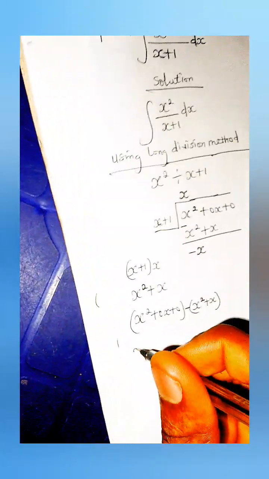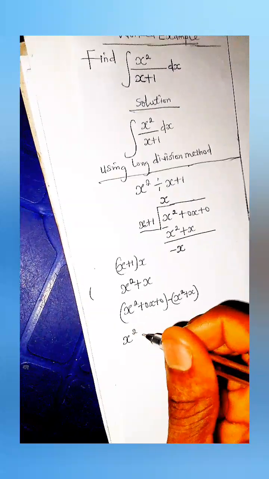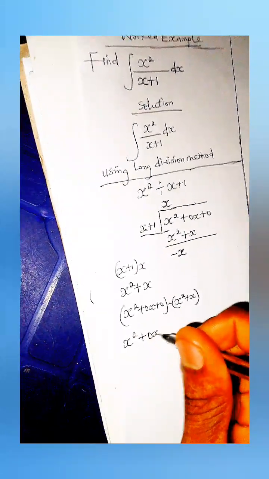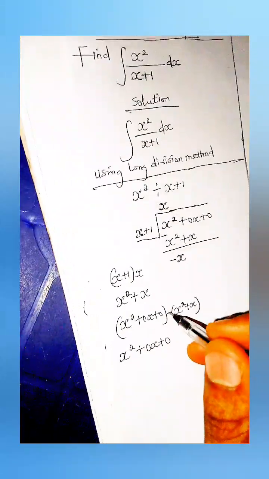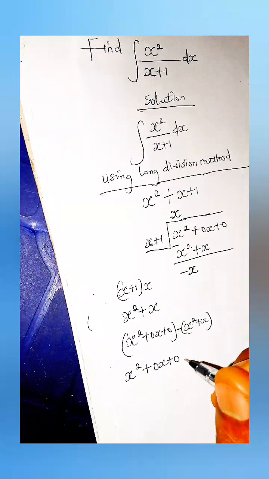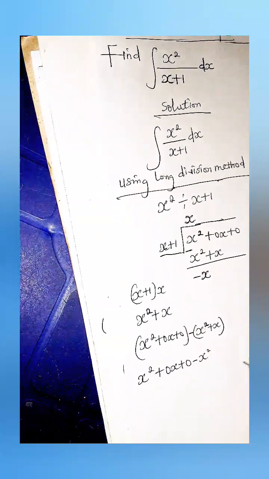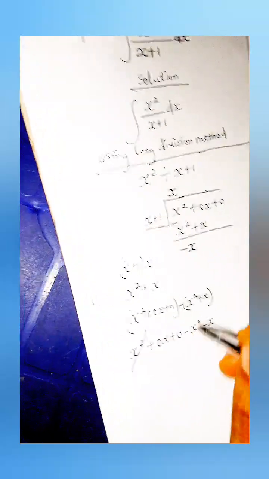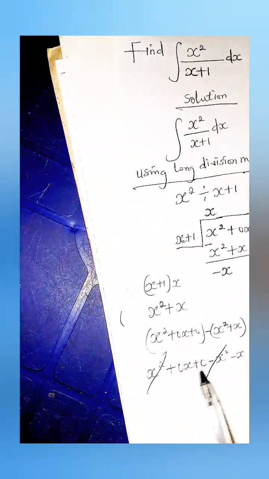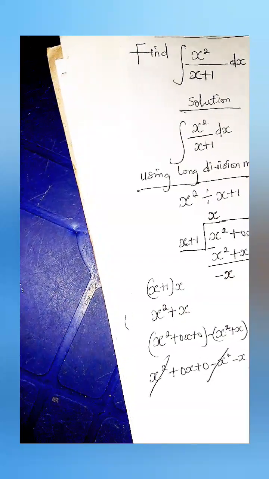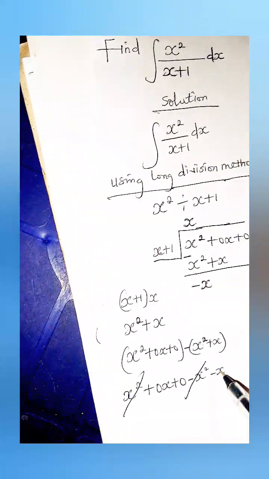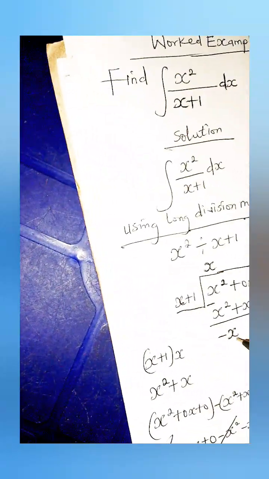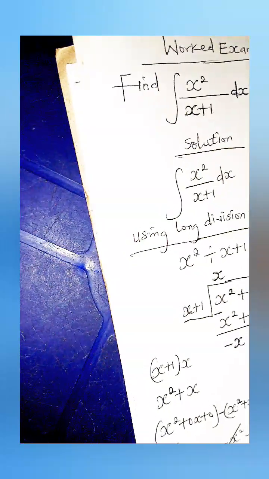If we break this down, we have s squared plus 0s plus 0, minus times plus s squared is minus s squared. Minus times plus is minus s. So s squared cancels s squared. Like I said, 0 times s is 0. Everything here we are going to forget. We'll be left with what? Minus s. We now write minus s here. We bring this plus 0 down.